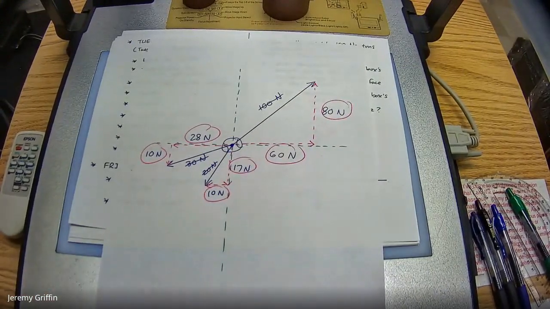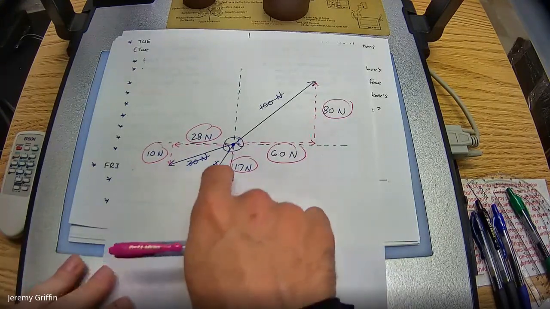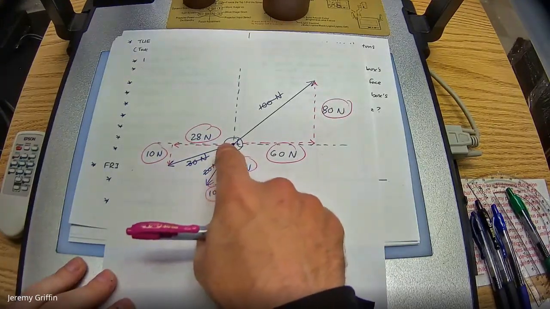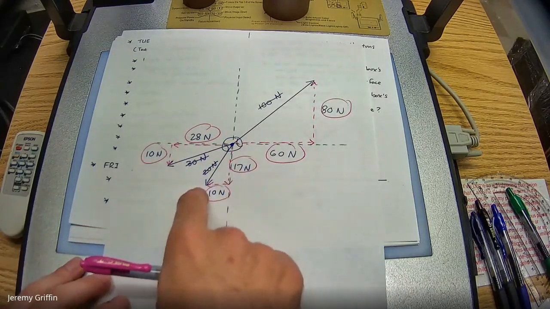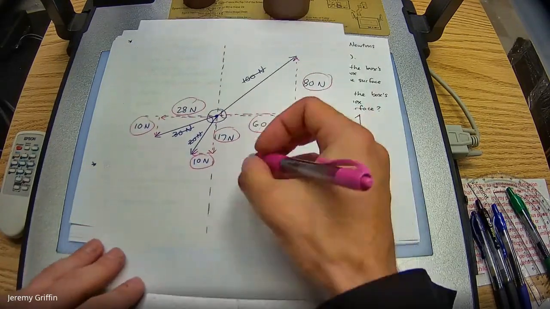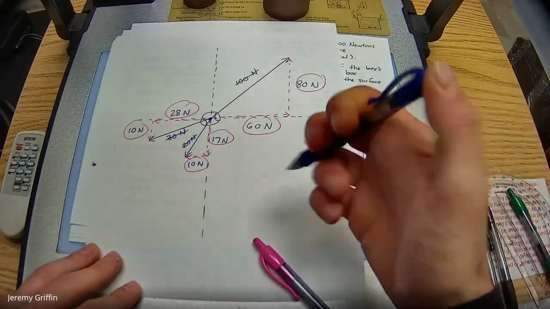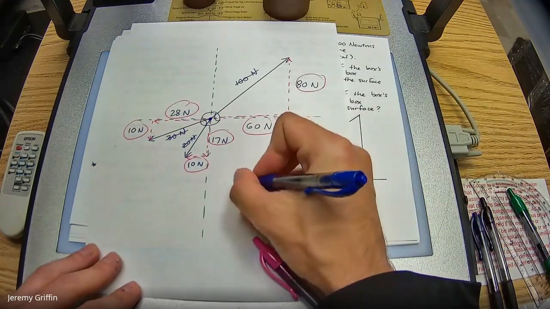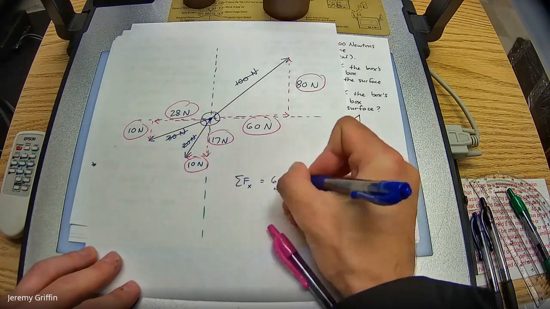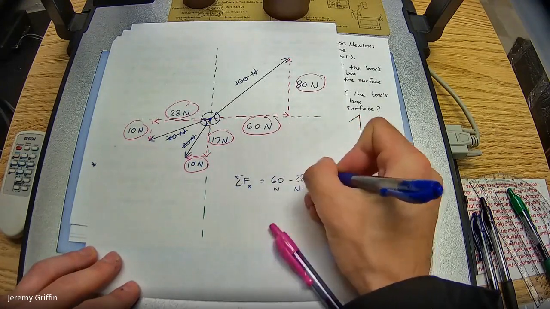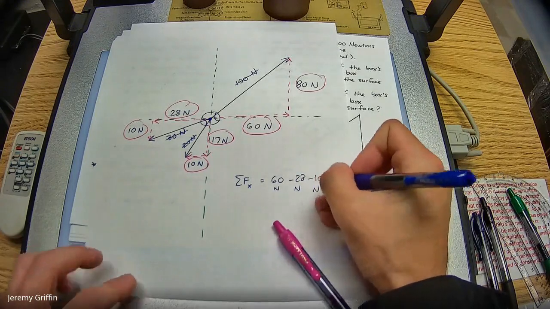Can you guys figure out where this problem would go from here? This ball is being pulled overall, see, 60 newtons to the right, take away 28 to the left, take away 10 to the left. So I say the net force in the x direction is 60 minus 28 minus 10 newtons.